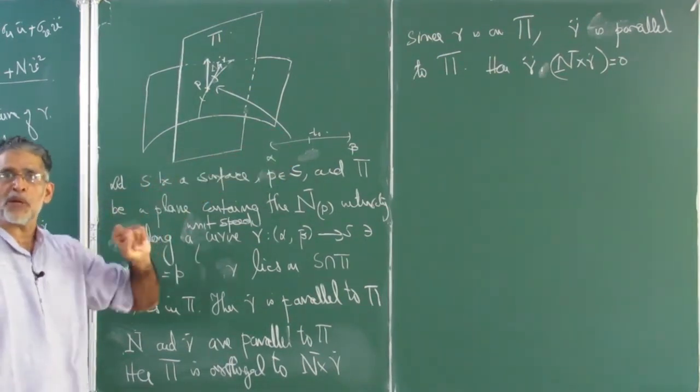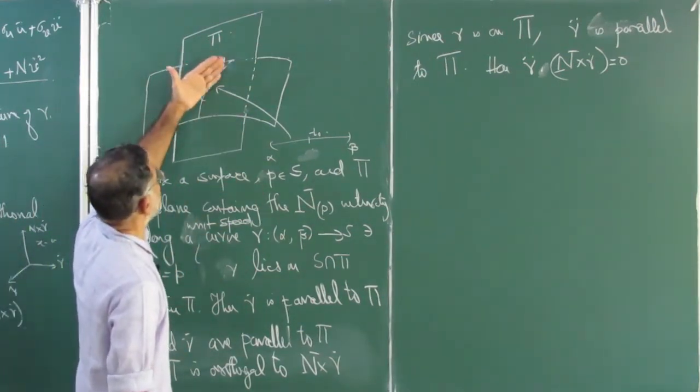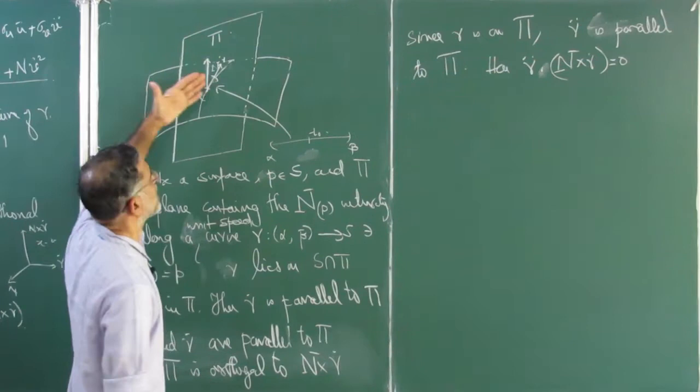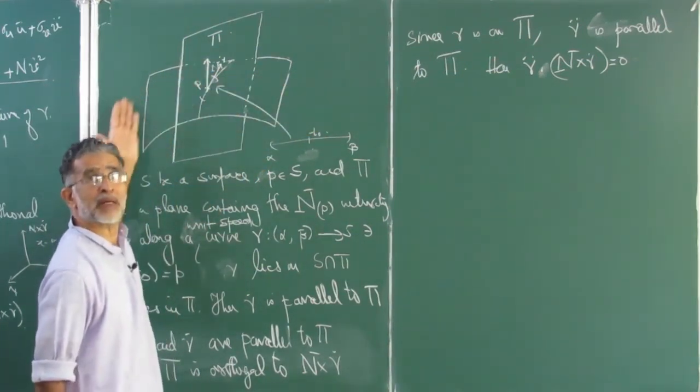The origin is the only problem in all our discussions. I have to say parallel because the pi plane is here but the origin is here. But gamma dot, gamma double dot, etc. are going to be parallel to some vector in pi.